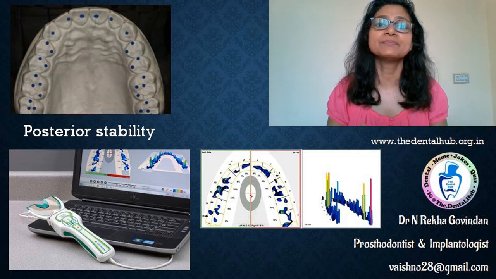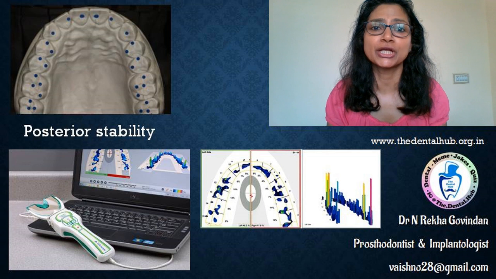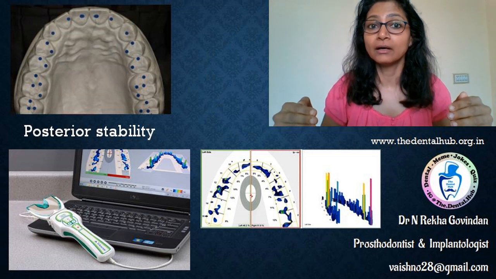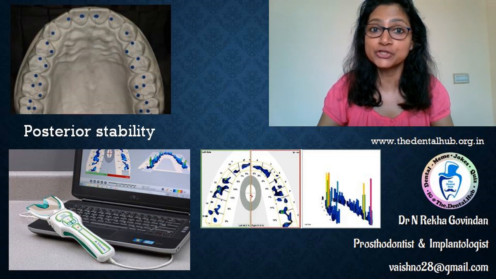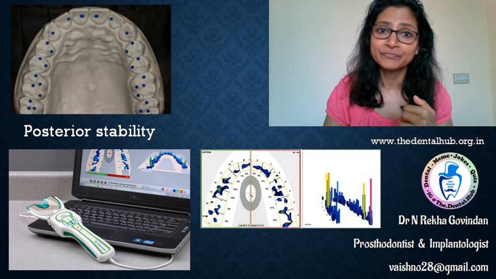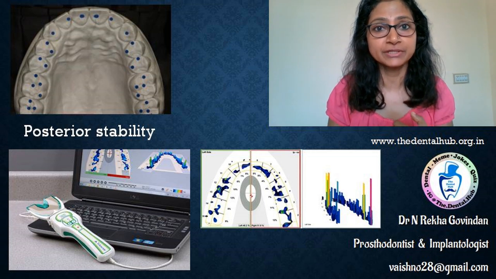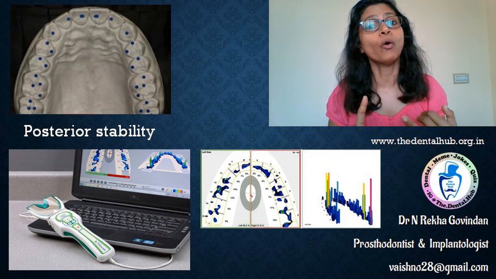So these are the principles to be followed when you are establishing. What do you mean by establishing? That is, you are creating a new occlusion. Why would a patient come to you for establishing a new relationship between the occlusal surfaces? The reason could be either aesthetic, severe wearing of the teeth, anterior teeth and posterior teeth, which is affecting his aesthetics, or it could be functional.